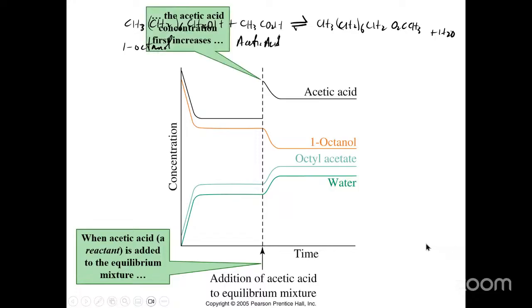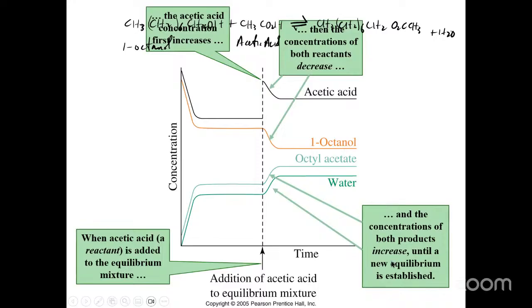So that's basically what is happening here. So I stated here, the concentration of the products will increase, the concentration of reactants will decrease until you get, as I said before, a new equilibrium position, all right? So that's basically how that works when you are increasing the concentration of one of the reactants.